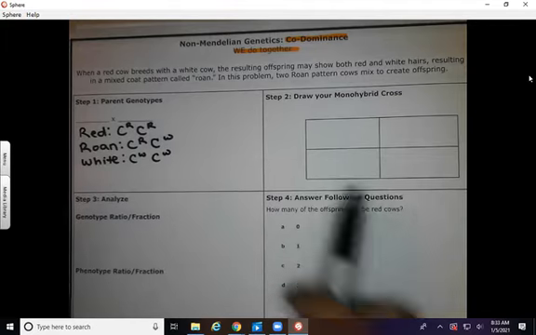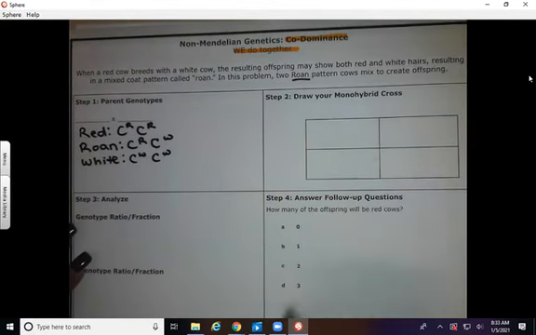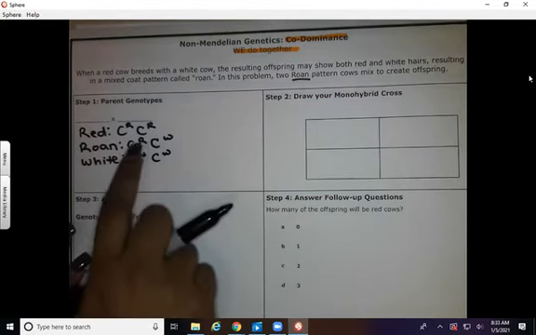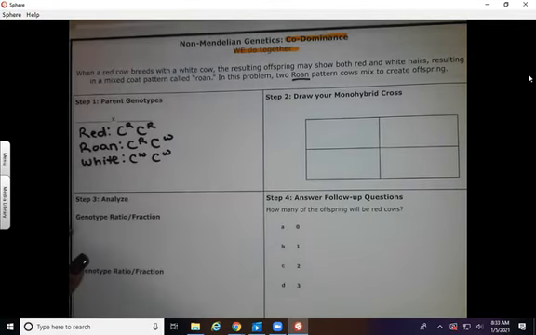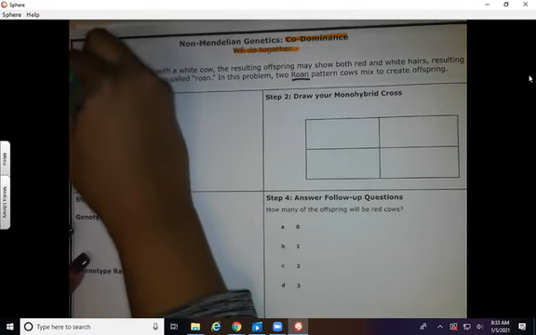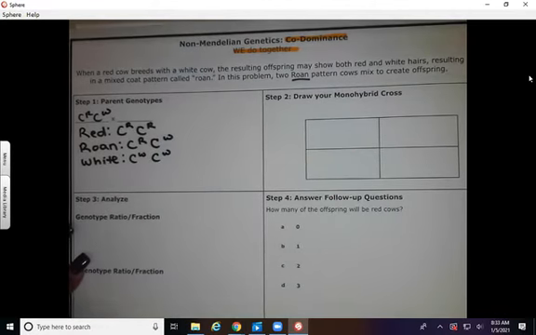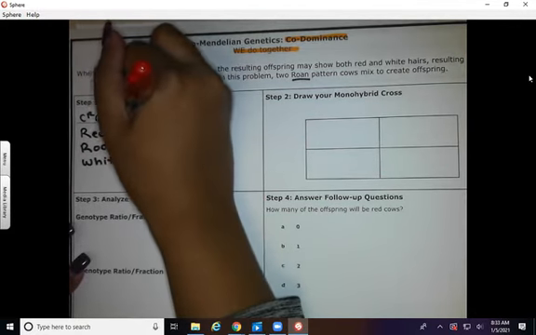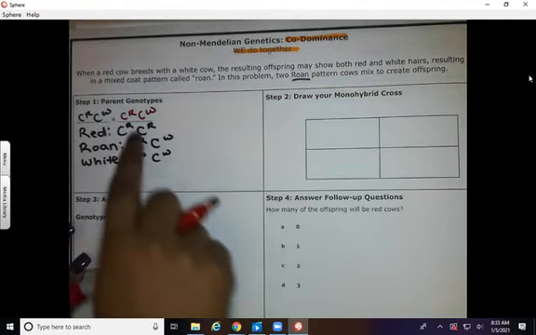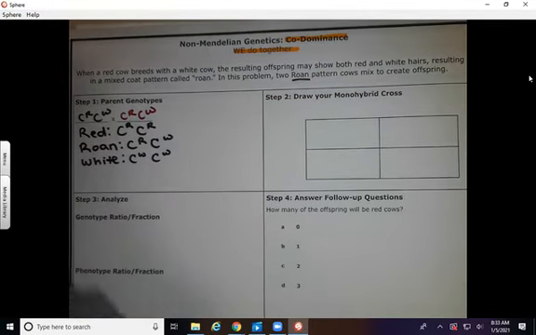But for the problem we're working with two roan patterns. Two of them that are like this. So, parent 1 is CRCW. And what would parent 2's genotype be? Yeah, the same thing. CRCW. Let's go ahead and take this and bring it to the Punnett square.